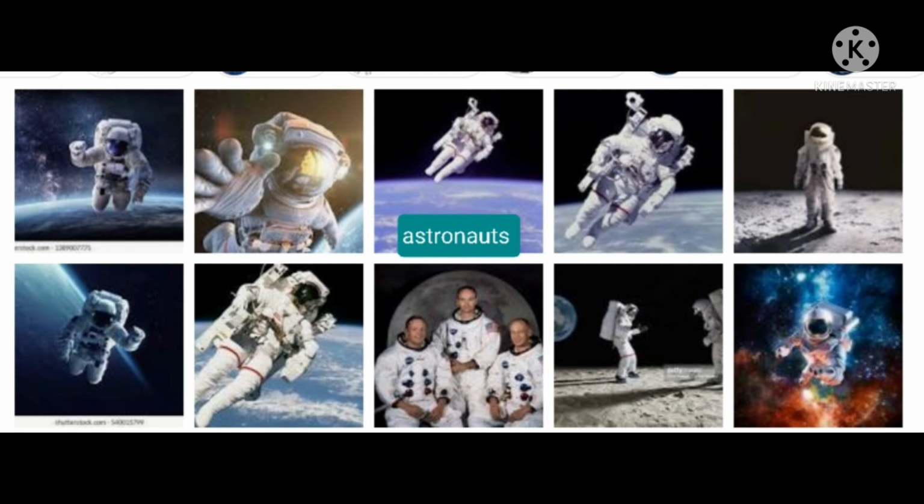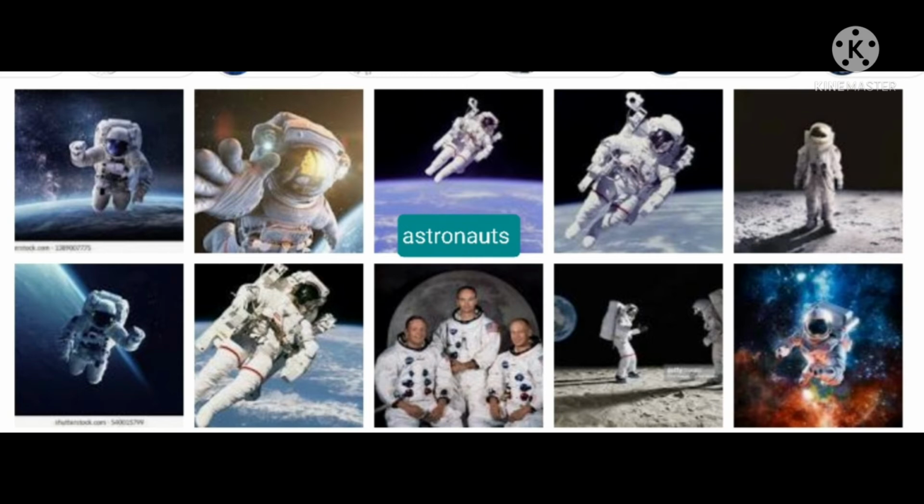And here come the astronauts. I'm sure you know where they go. They go far away into space in the spaceship. They have a different routine. They have a different costume. And their life is very tough.